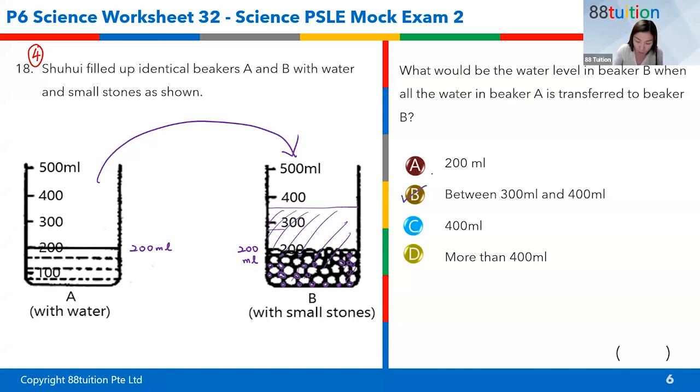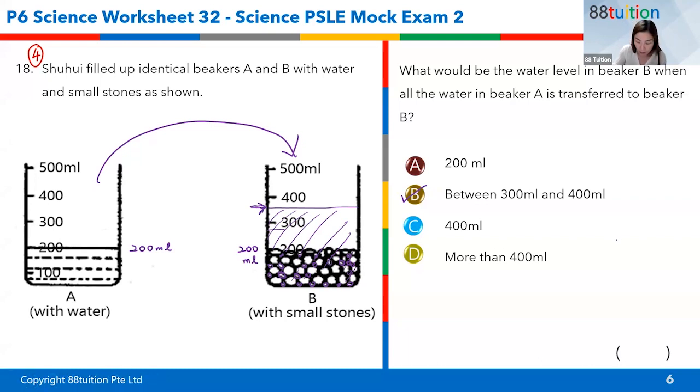So it must be between 300 and 400 ml. So the new water level will be somewhere here. We don't have an exact one because we do not know how much of these spaces there are. Clear? All these gaps.